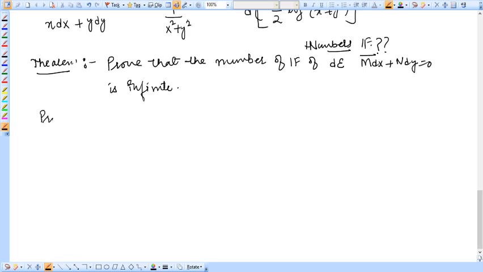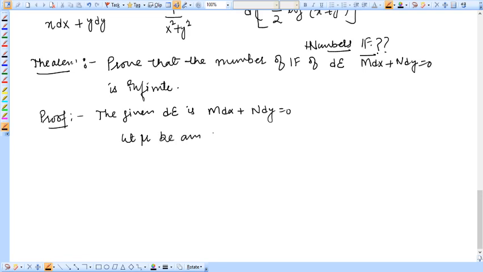Proof: the given differential equation is M dx plus N dy equal to 0. Now let mu be an integrating factor of the given equation. We are just assuming the possibility of one integrating factor.